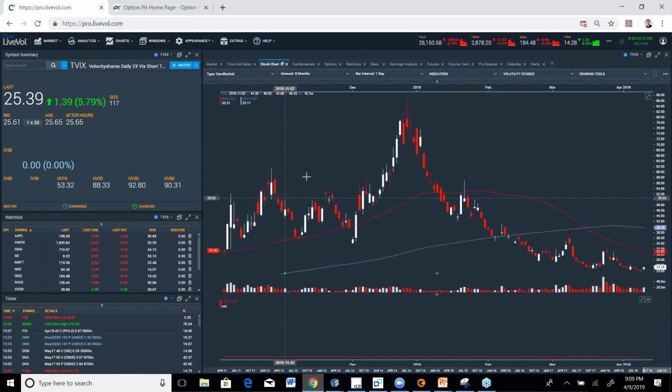The thing can make some extremely wild moves. On December 3rd, it went from 34 and peaked out at almost 90. And now it's back to 25. Not so simple.